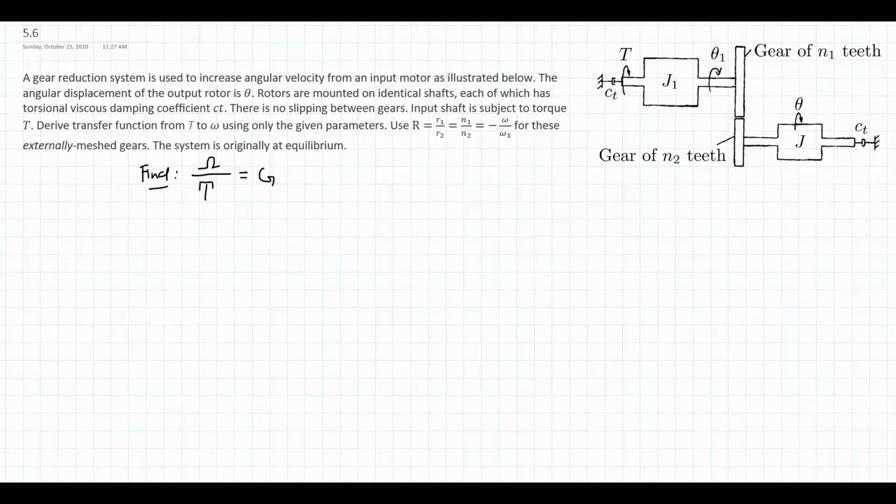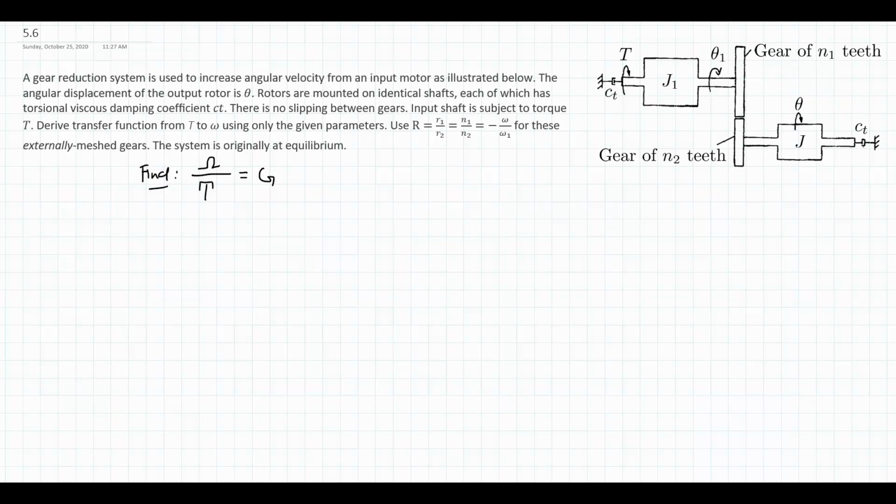Something else to notice in this problem is how the two rotors are attached. Again, they are meshed together with gears. To have a properly meshed gear, it's going to have to be true that the ratio of the radii of the gears is equal to the ratio of their number of teeth. So we are told that the top gear has N1 teeth and the bottom gear has N2 teeth.